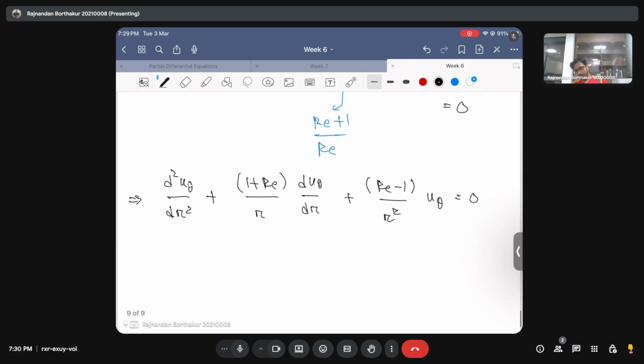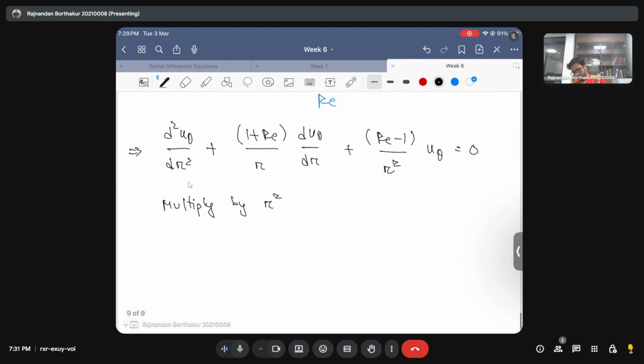Now what we'll do is multiply the equation by r squared. If we do this, let's see what we get. So this is r squared times d2 u theta by dr2 plus r into 1 plus Re times du theta by dr plus Re minus 1 times u theta is equal to 0.